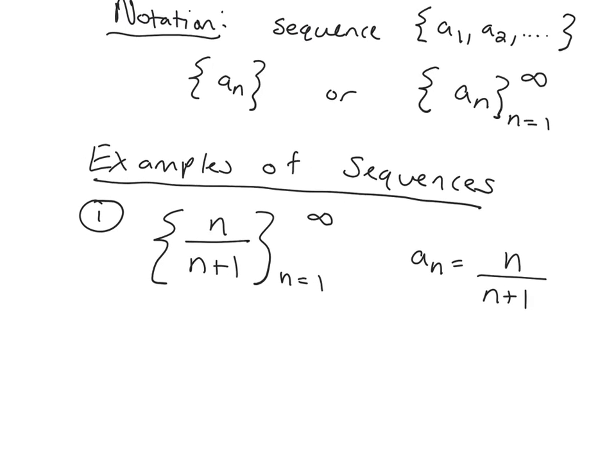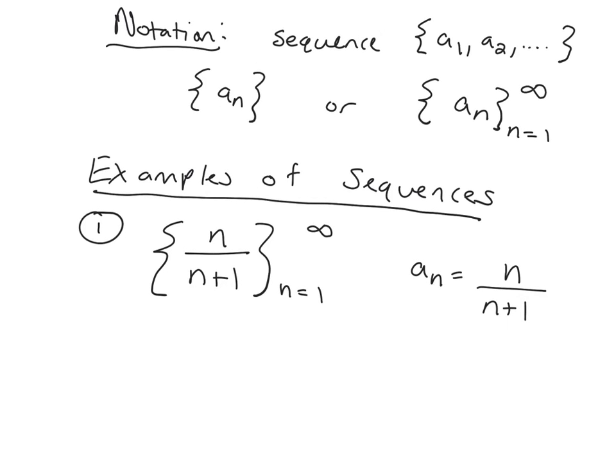So let's write out some of these terms here. What's the first term? 1/2, right? You plug in n equals 1 and you get 1/2. What do I get if I plug in n equals 2? 2/3. What next? 3/4. 4/5, right?